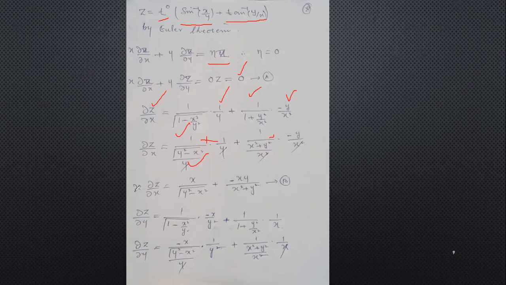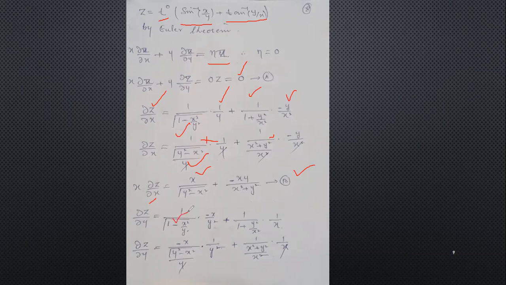So we multiply x with the left hand side as well as the right hand side. After multiplication, we get x divided by y square minus x square, plus x multiplied with this term, we get minus x into y divided by x square plus y square. Say this is equation number B.